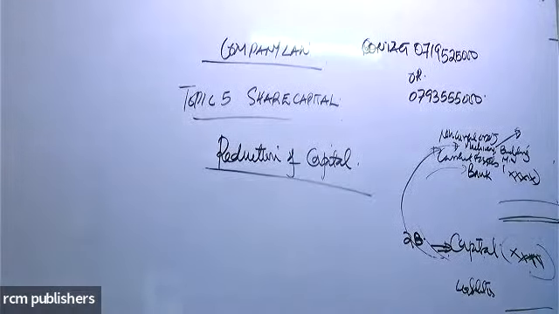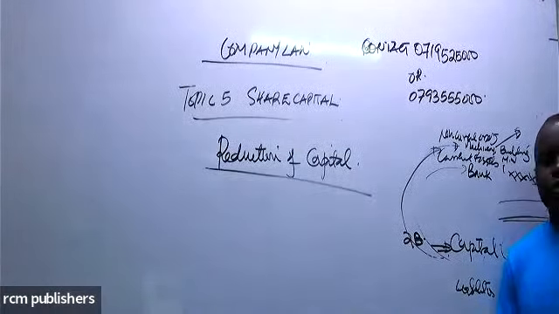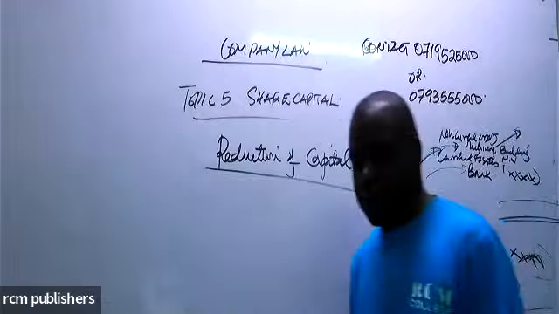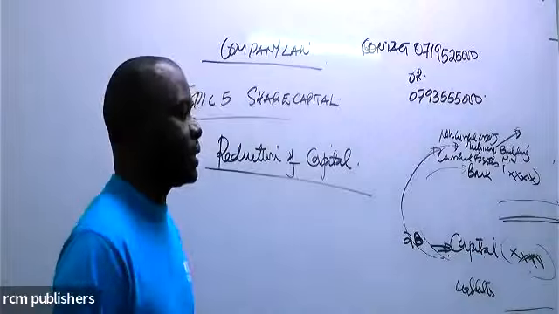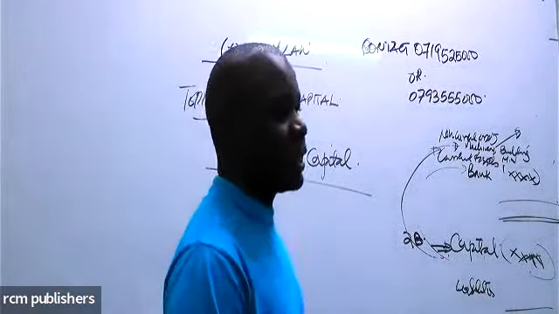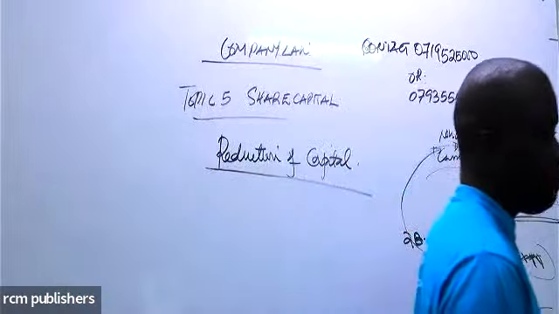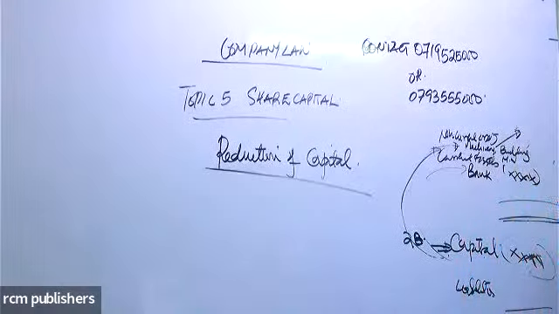Then once the court gets that resolution or petition for share capital reduction, the court will end up having to list all the creditors of the company.